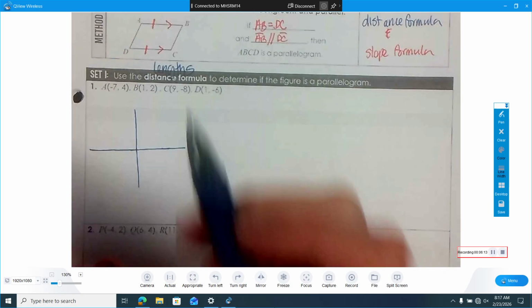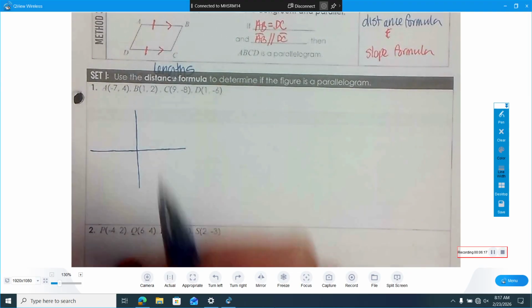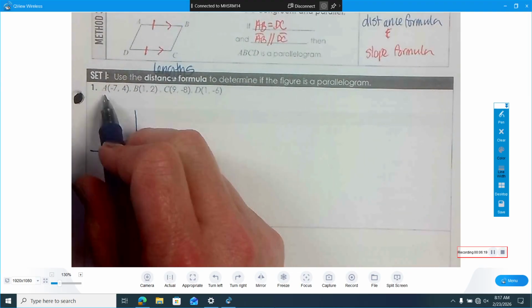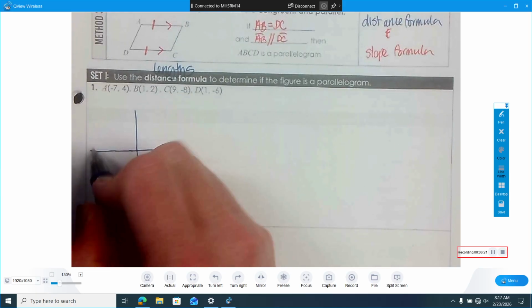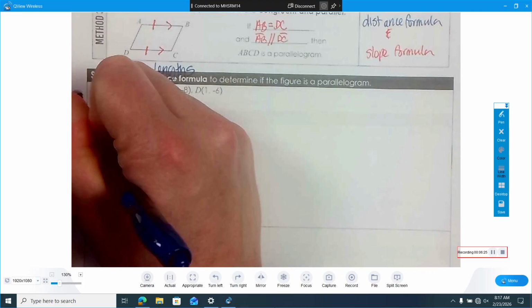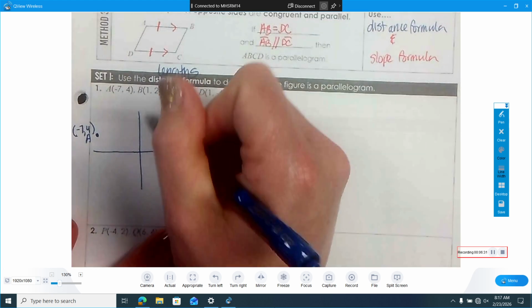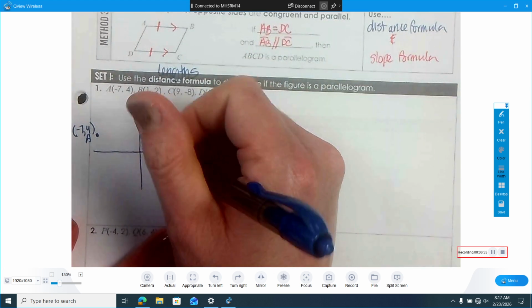Let's see. I'm just going to roughly plot where A, B, C, and D are. A is at -7, 4. I'm going to pretend that's right here, and I'm going to label it -7, 4, just so I have the points close at hand. I think that is the nice thing to do. B is at 1, 2.